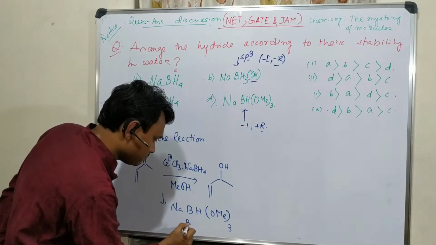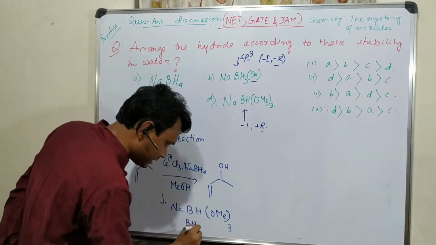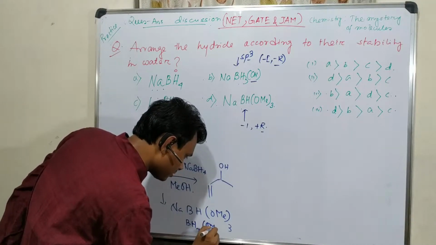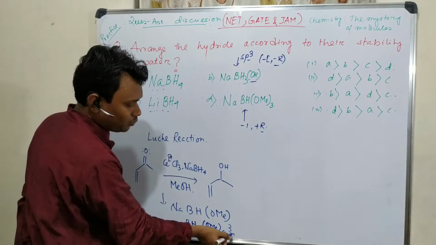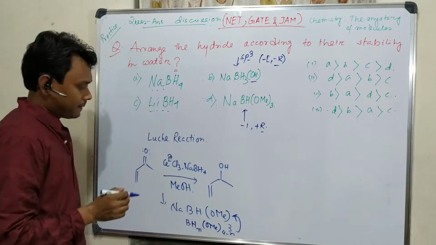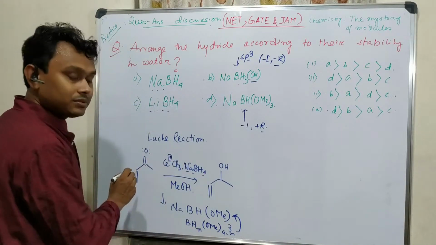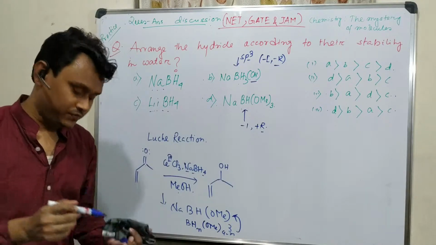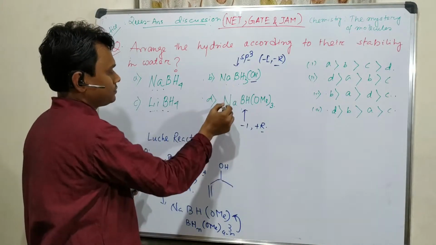If this option is given, accept it. The actual material is BH_n(OMe)_(4-n), for example if n is 1 then 4 minus 1 is 3, similar. It's a common formula, and n could be 2 like that. Sodium borohydride alone can't reduce, but this reduces, meaning sodium trimethoxyborohydride is more reactive than this. Consequently, we got which one is more reactive.